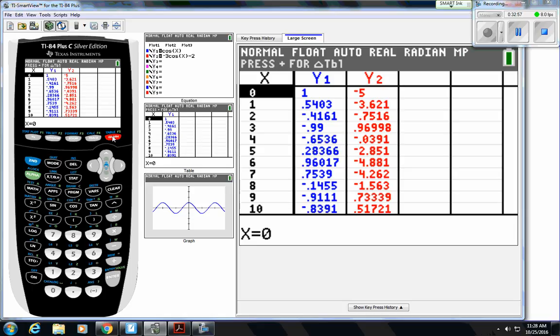So at x is 0, your y value is -5. That's just a good way for you to get an idea of where your graph is hitting a high point or a low point. The first y will be for the blue graph, which was our parent function, and the second y will be for our red graph, which was our transformed function. Okay, just different ways of figuring out where you are on your graph.